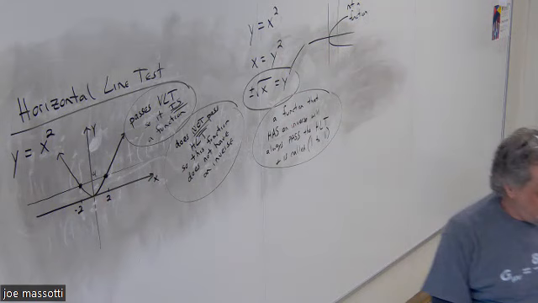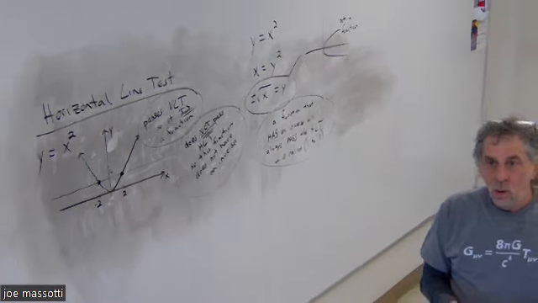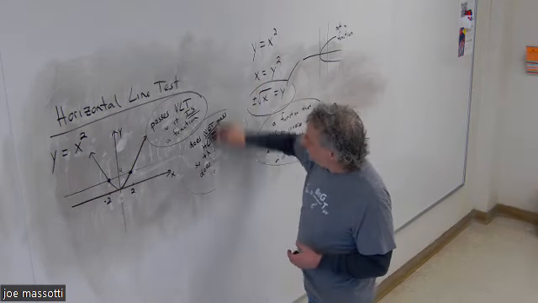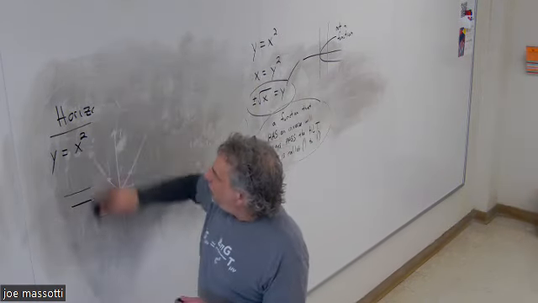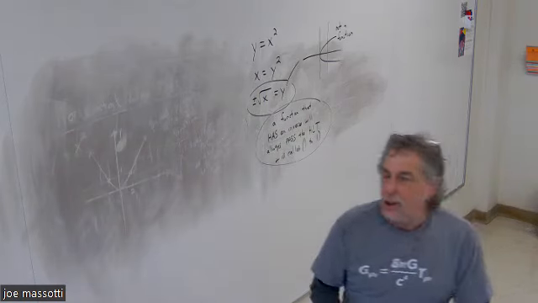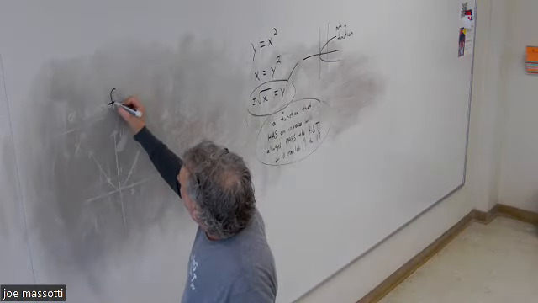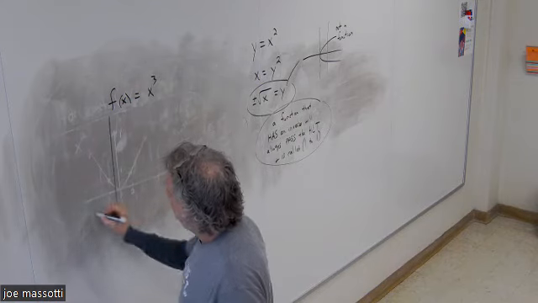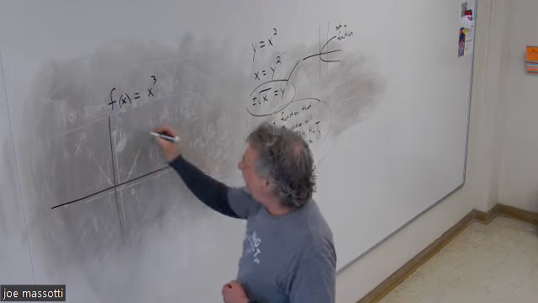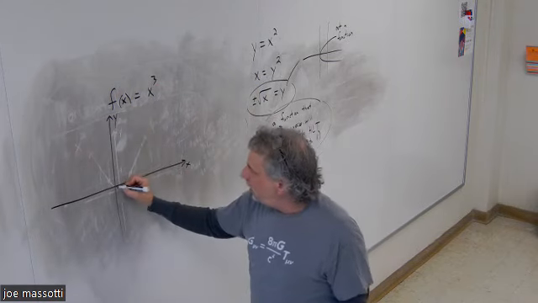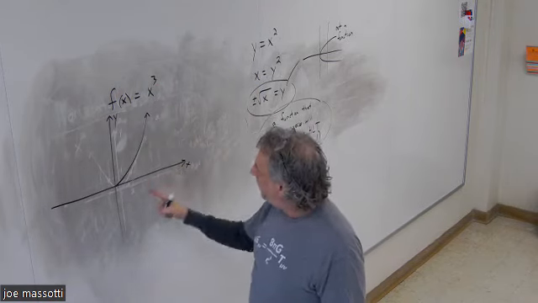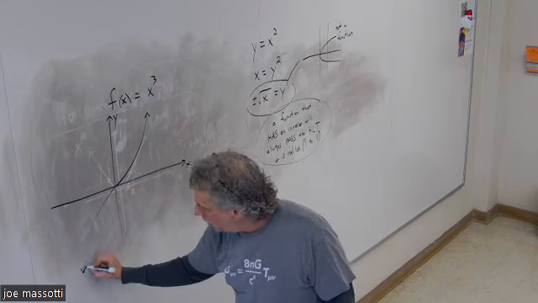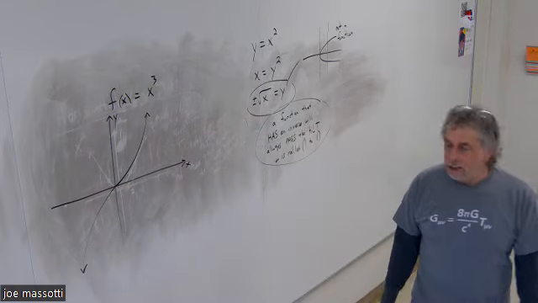So let's look at a function that is one-to-one and does pass the horizontal line test, such as x cubed. If we let f of x be x cubed, and hopefully we're familiar with some of these basic graphs, x cubed is going to go up toward the positive for the positive x's, but since it's an odd exponent, it's going to go down on the negative side.